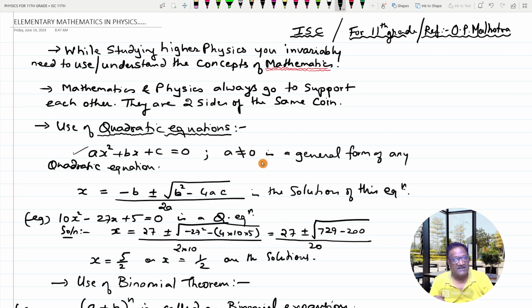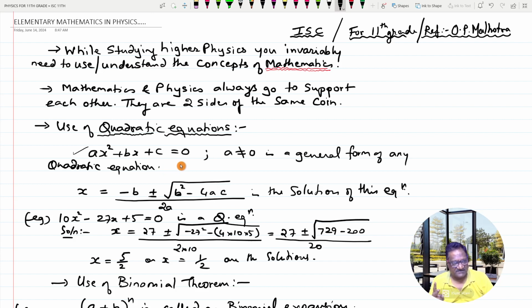That is essential. And this ax square plus bx plus c equal to 0 is known as the general form of any quadratic equation. Any quadratic equation will have two solutions, I mean, the x variable will have two values.